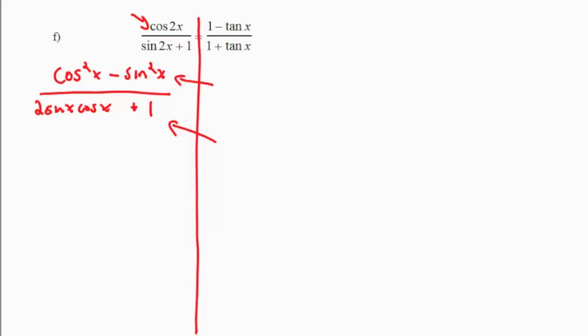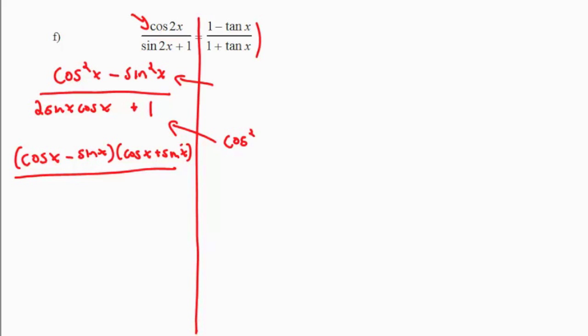The second thing is, if I take a look at the top now, I know that I can factor this out because it is difference of squares. At the top, cos squared subtract sine squared factored is equal to cos x subtract sine x times cos x plus sine x.